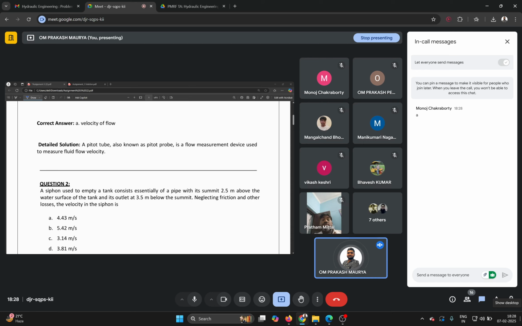Manoj is telling option A is correct for question number 2. Okay, other participants also try to give your answer in the chat box.